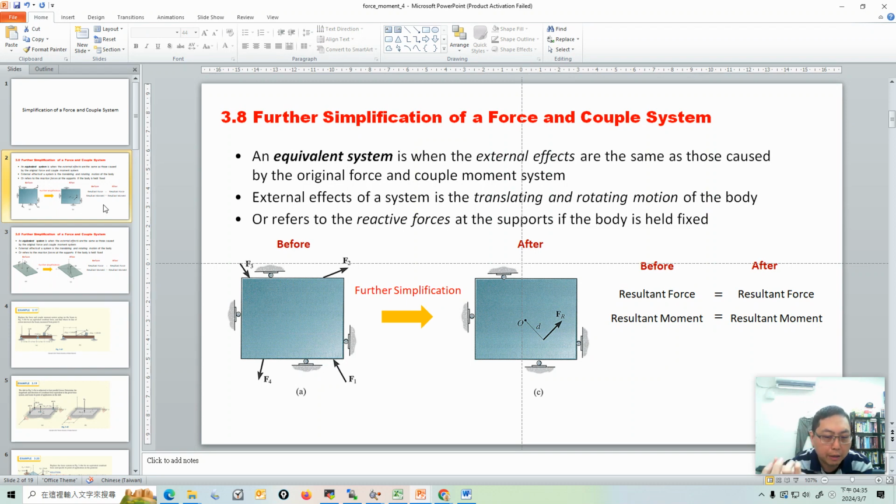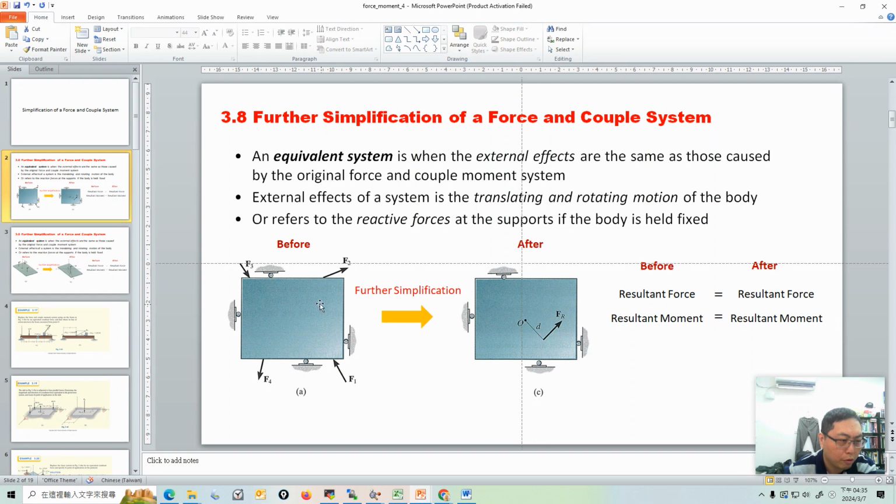Sometimes we do not act only one force on the material; most of the time we will act lots of forces on the material or on a member. In this situation, most of the time we want to do a simplification of the system, because that will make life easier.